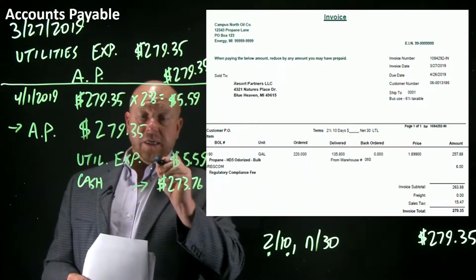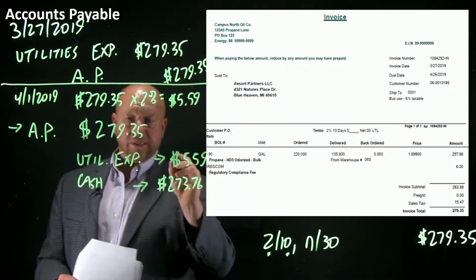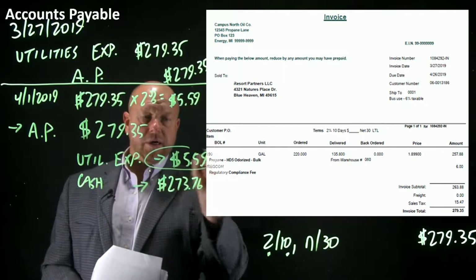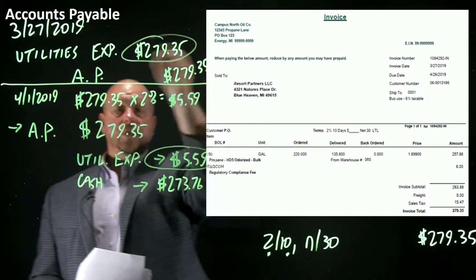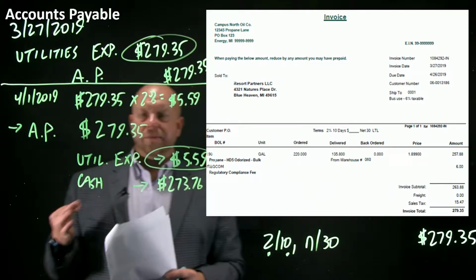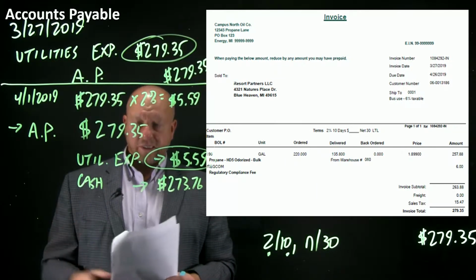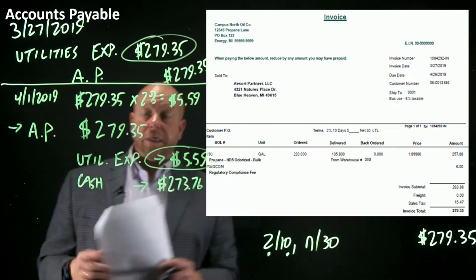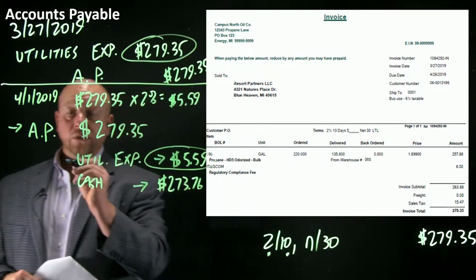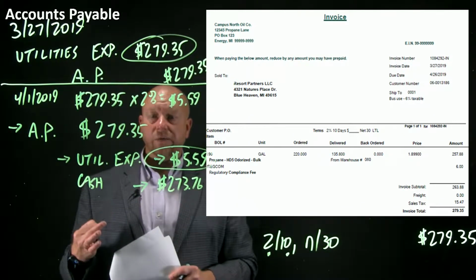And the balancing credit actually reduces our utilities expense, because you could see right here, if you net out the two items that I just circled, it's as if our net expense was only $273.76. Now, a bookkeeping note. Some companies might choose to credit an account called purchase discounts or some kind of contra account.